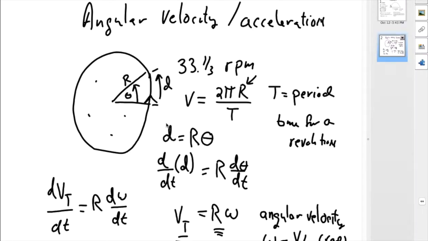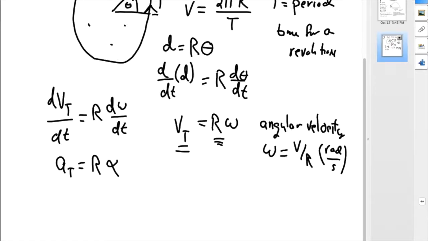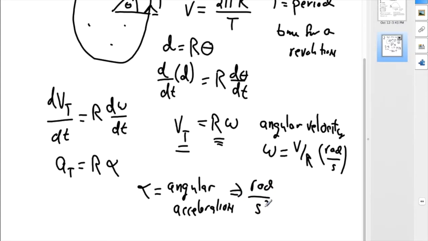Guys, just as a reminder, in case it's not obvious, alpha is the angular acceleration, and that has units of radians per second squared.